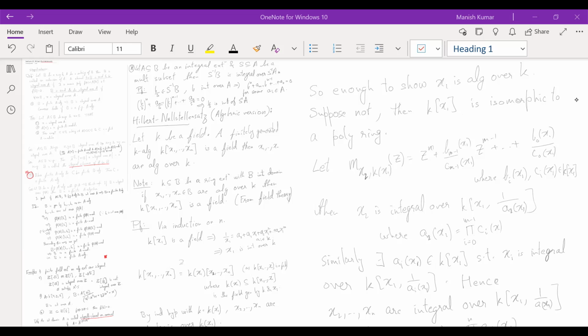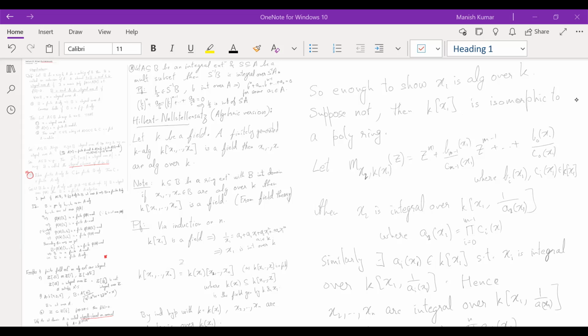But then it's integral over k[x1] localized, with some things inverted, but that's a one-dimensional ring, right? If x1 is not integral, then k[x1] with something inverted has to be a one-dimensional ring.